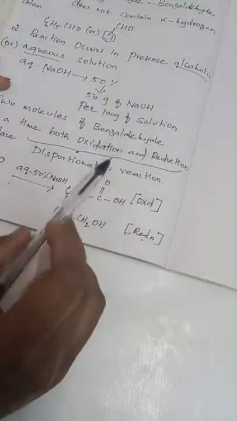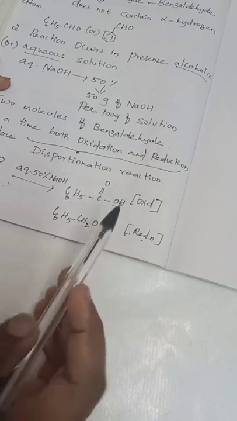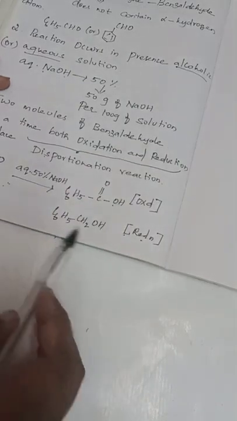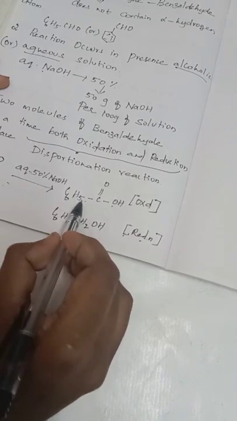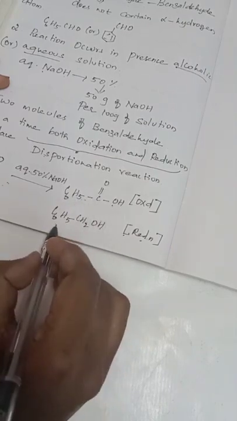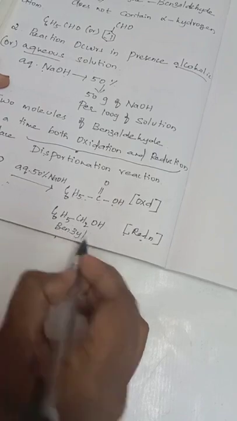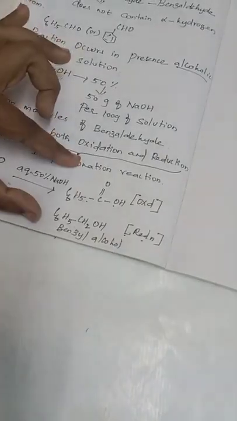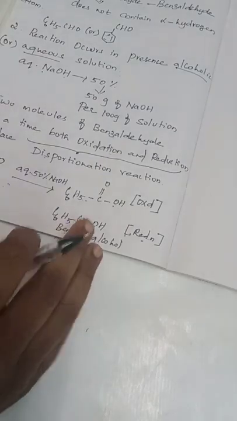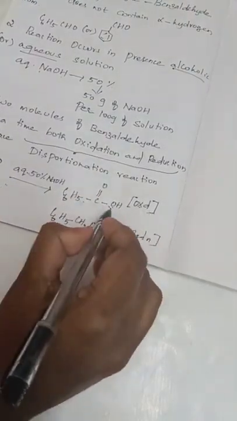When oxidation occurs we get an acid, and when reduction occurs we get an alcohol. The name of this compound is benzoic acid, and the name of this compound is benzyl alcohol.